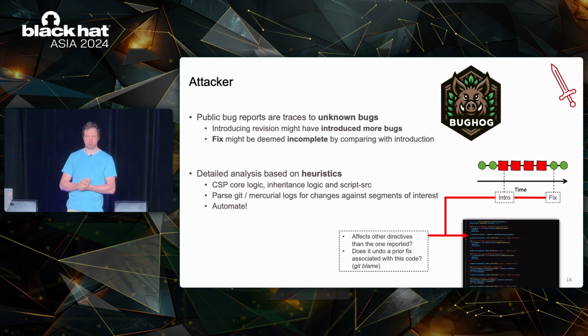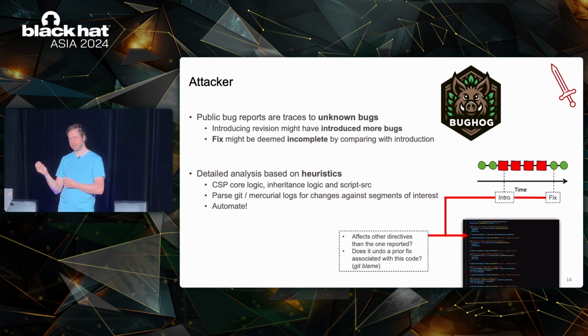Then we can also use some sort of heuristics, because we know that when there's code touching the core CSP logic, or there's some sort of inheritance logic, it's more likely that there will be a bug. So we could use all sorts of different heuristics.